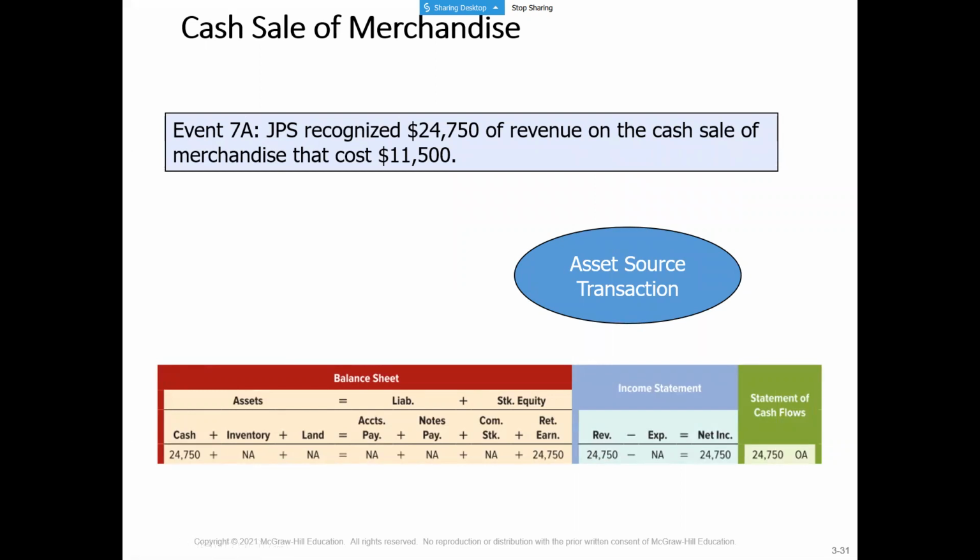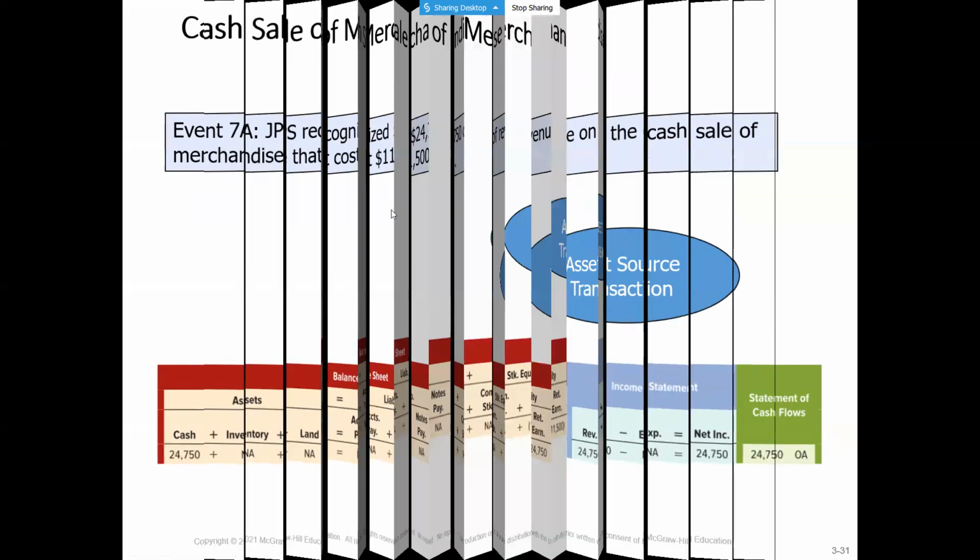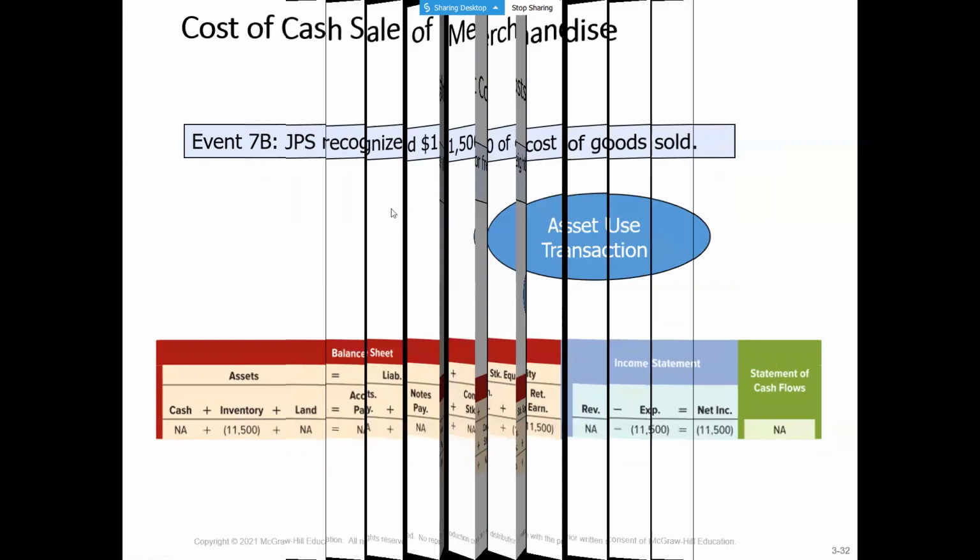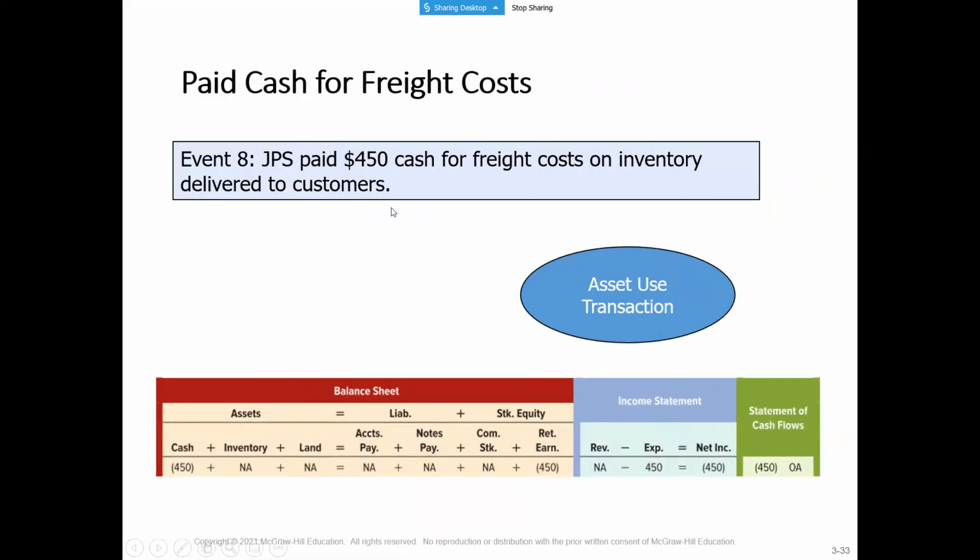Okay, so again, we have sale of merchandise and cost of goods sold. Now, when you are the seller, that is event 8. JPS is the seller, and they sold goods, apparently FOB destination, to their customers. So they had to pay shipping costs.